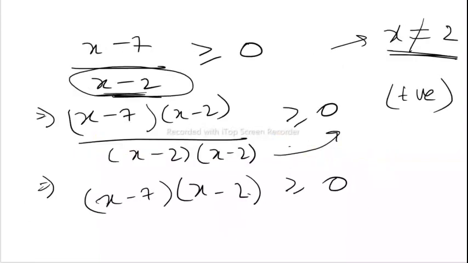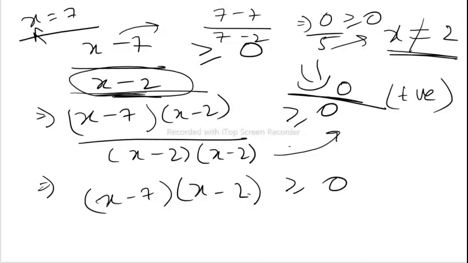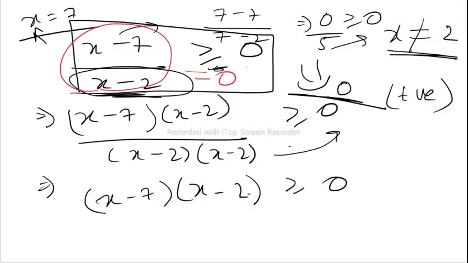If x assumes 7, see, if I put x as 7, then what will I get? I'm putting x equals 7, then I'll get 0 by 5 less than or equal to 0. So 0 by 5 is 0 only. So yes, this is true, because this whole thing can be equal to 0. So this thing can be equal to 0, no problem.